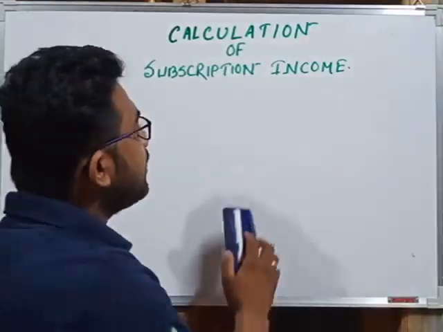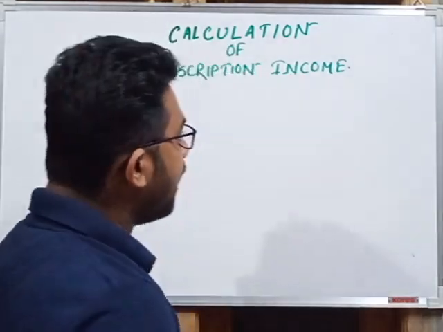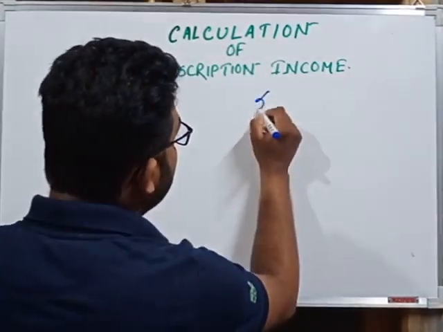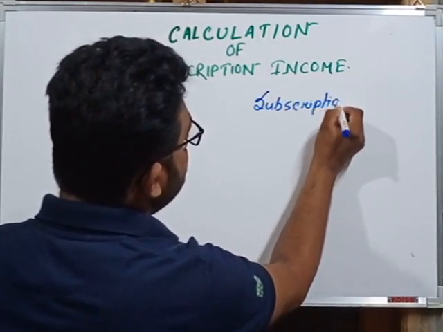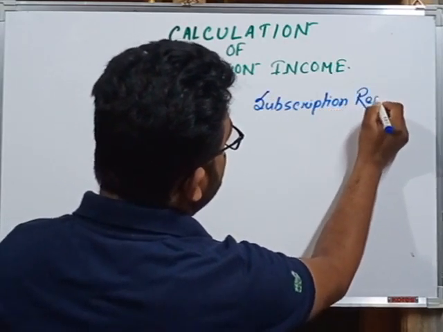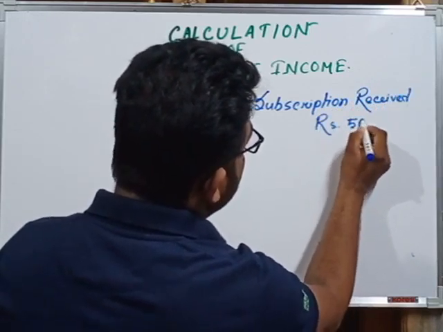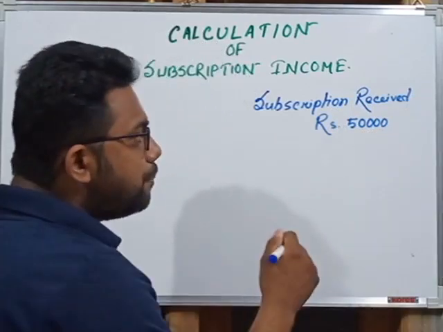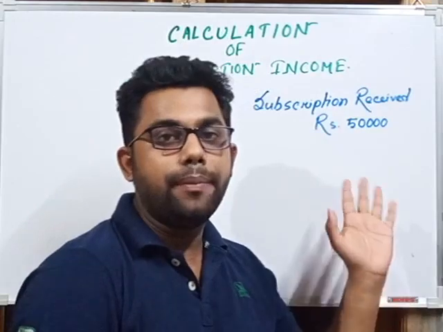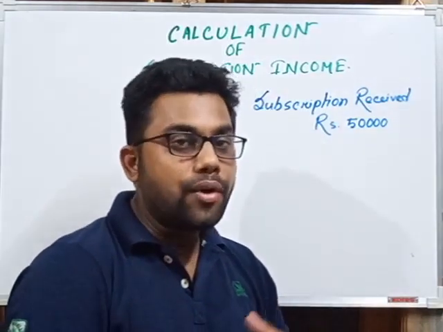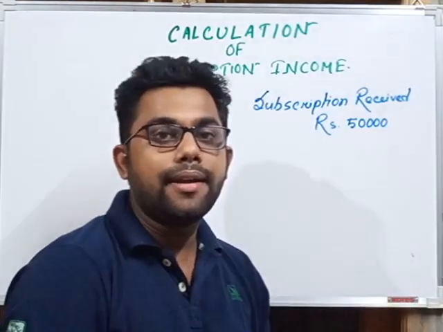Subscription is an income, but while preparing receipts and payment account, suppose we find subscription received rupees 50,000, for example. Then the full amount of rupees 50,000 will be included in the receipts and payment account, because it records all the receipts in the current accounting year.